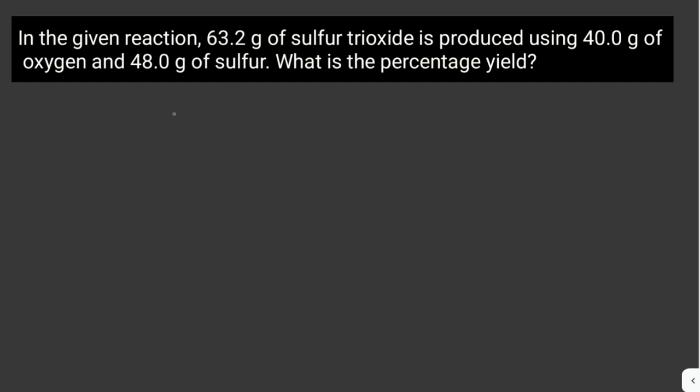So the given reaction should be sulfur plus oxygen, that would produce sulfur trioxide. So that is the given reaction. Okay, we calculate the percent yield.